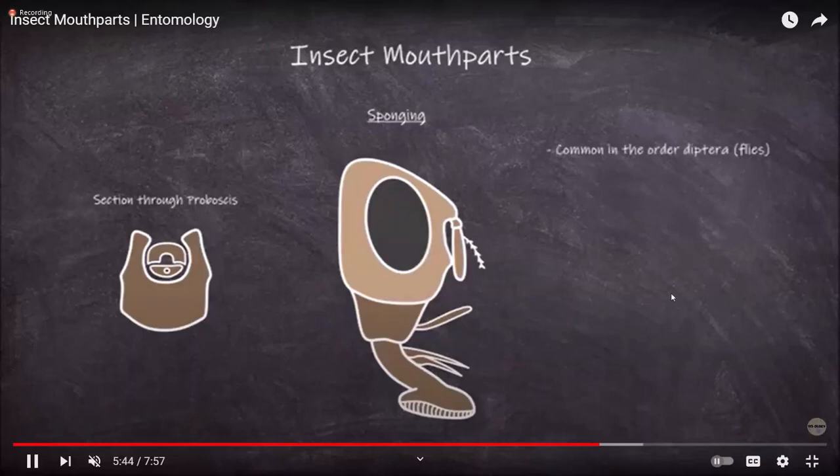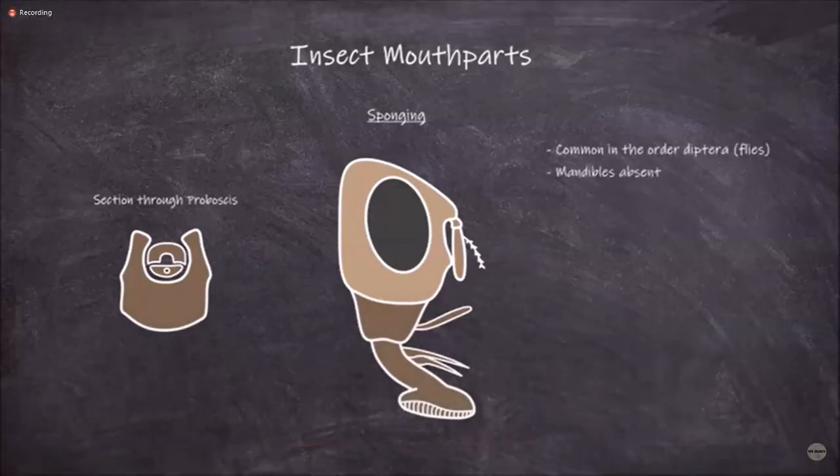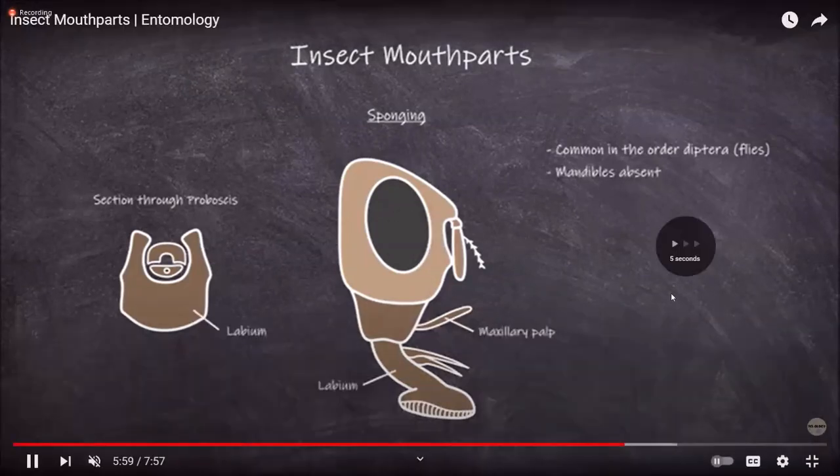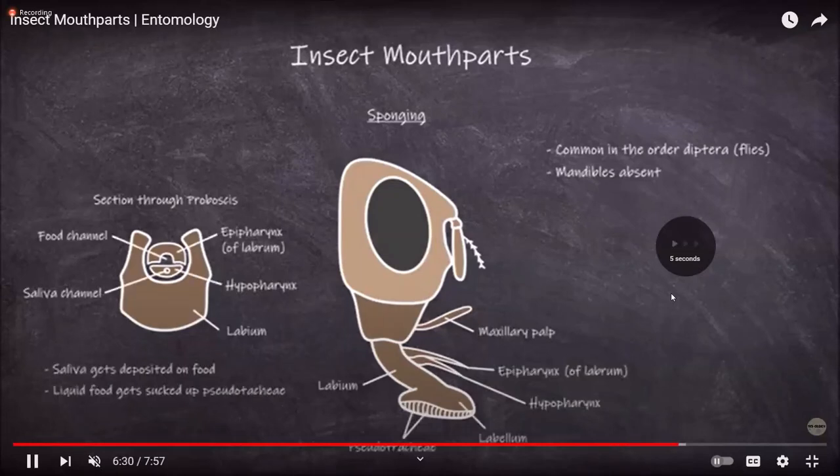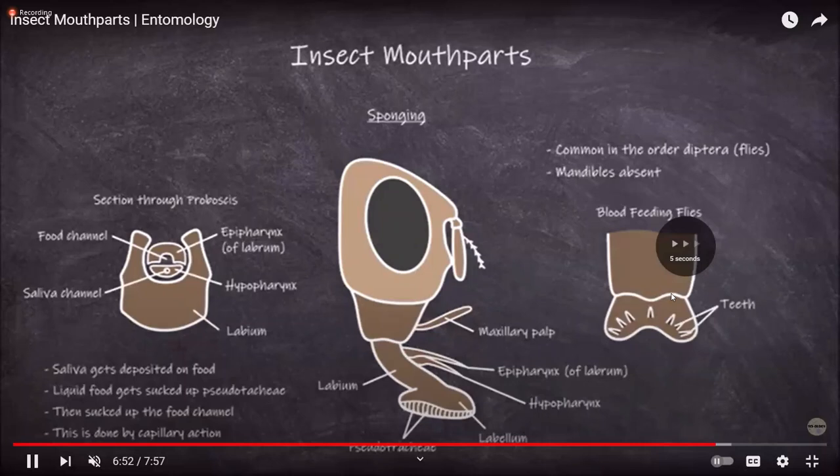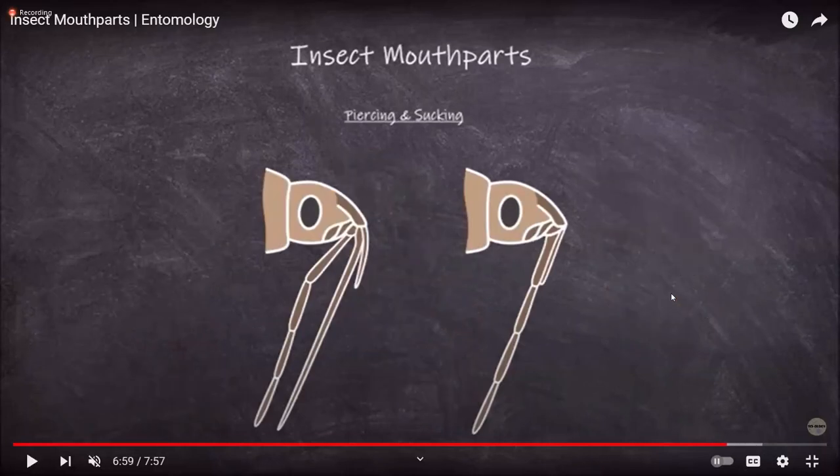This is the sponging mouth parts available in houseflies. These are the piercing and sucking mouth parts available in mosquito-like insects.